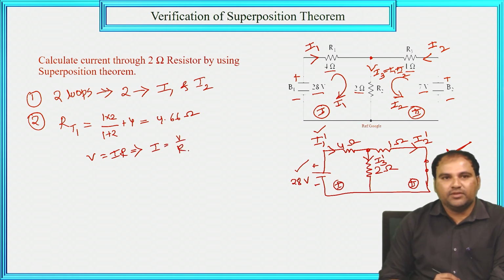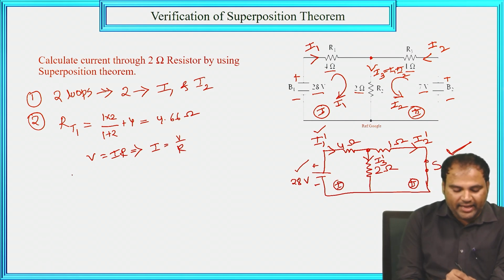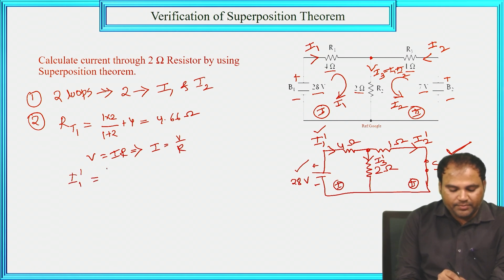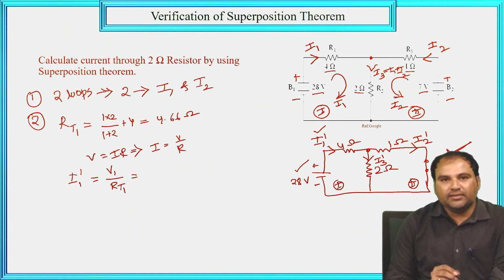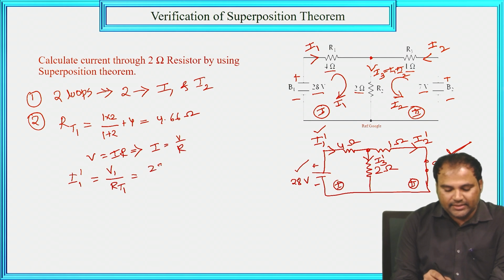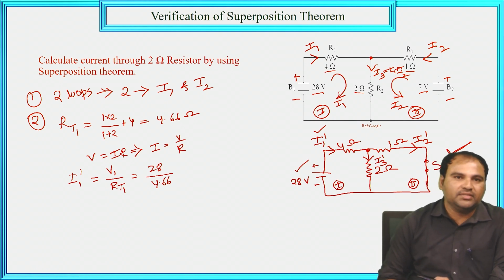By using this equation we find the total current of the circuit, that is I1 dash.